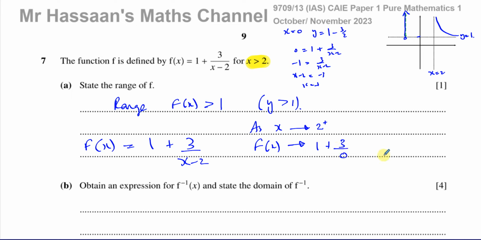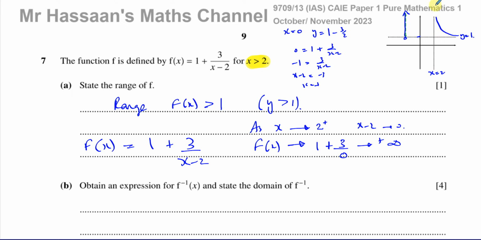As x approaches 2, x minus 2 approaches 0. So this approaches 1 plus 3 over 0, and 3 over 0 is going to be infinite. So 1 plus something infinite, so f of x approaches positive infinity. So as x gets closer to 2, y gets really huge, closer to infinity.